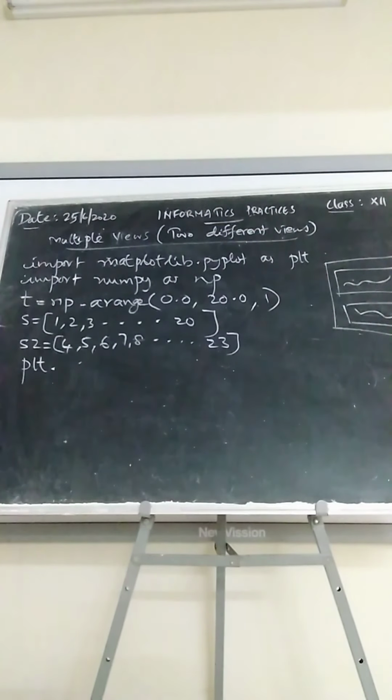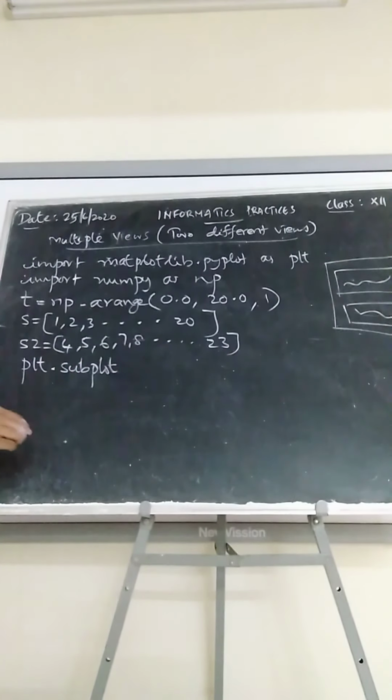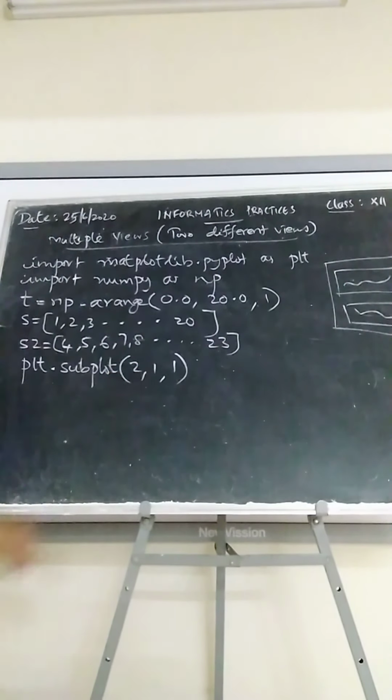Okay. So before using our plot function, we will use the function subplot: plt.subplot(2, 1, 1). The subplot statement is used to divide the section into two parts.